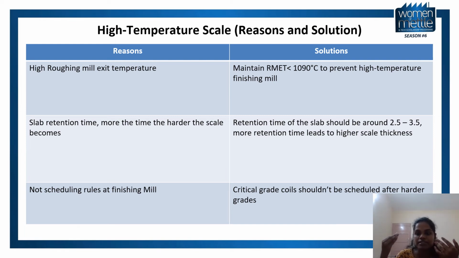The retention time of the slab should be brought down to 2.5 to 3.5 hours, since more retention time leads to higher scale thickness. And critical grade coils shouldn't be scheduled after harder grades.